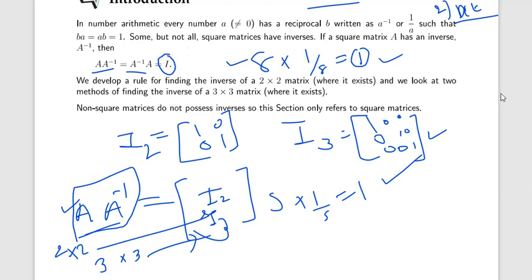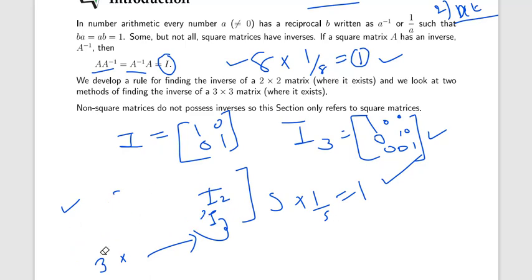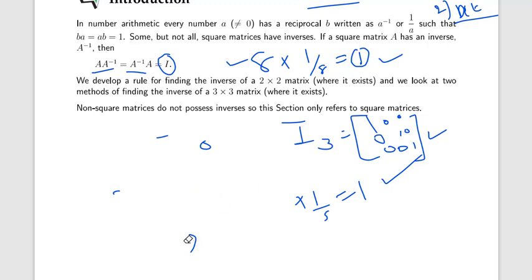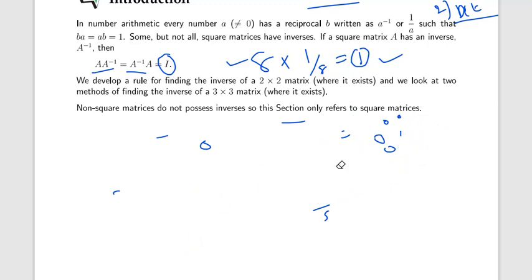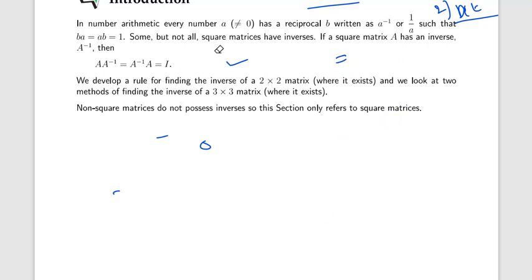This is the basic of the inverse of a matrix, and in the Gauss elimination method we apply this same concept. We also know that a non-square matrix does not possess an inverse.